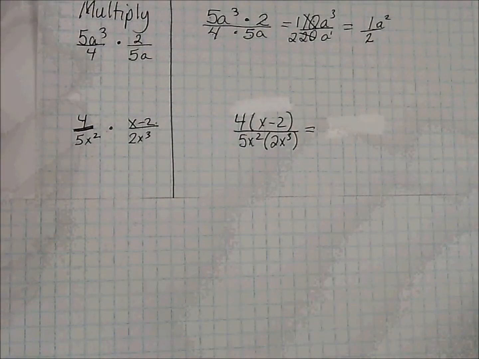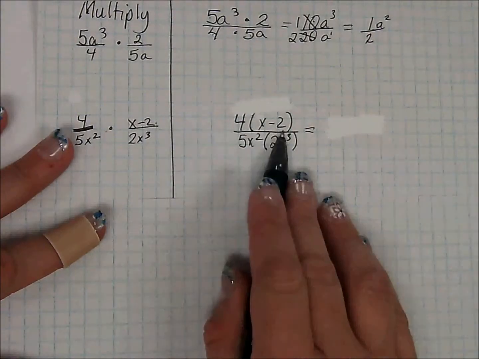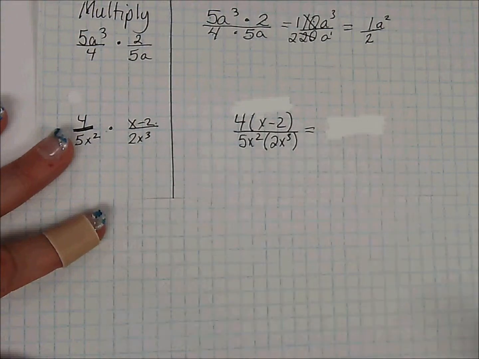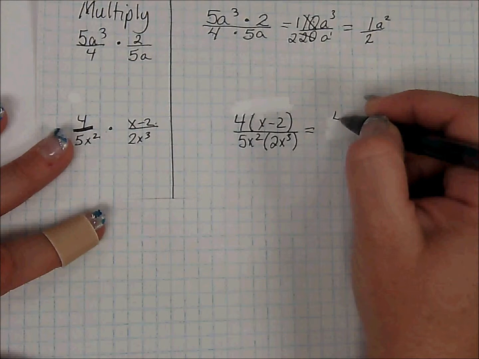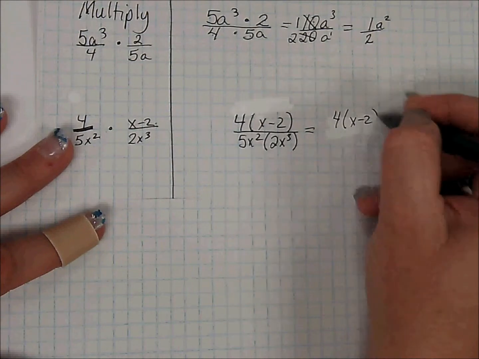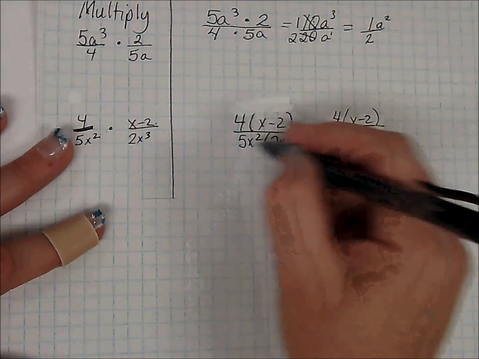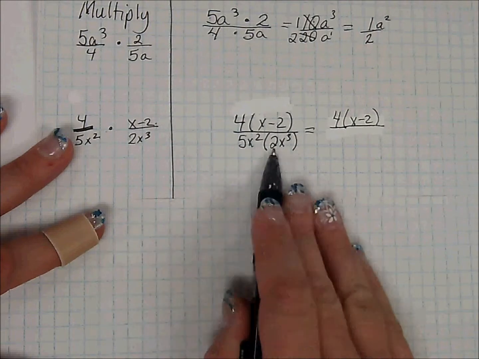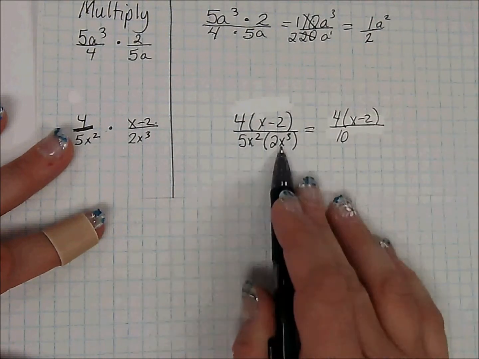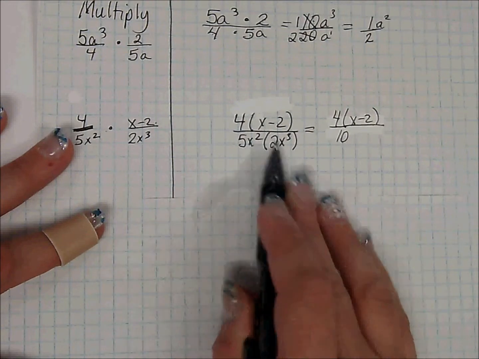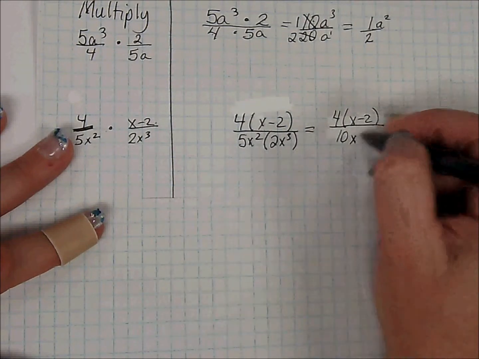Once we've got that set up, we could distribute the 4, but before we distribute the 4, I want to see what else we have. So 4 times x minus 2. And down here we multiply the numbers. 5 times 2 is 10. And we multiply the x's, x squared and x to the third. Two bases with two exponents, we add the exponents.